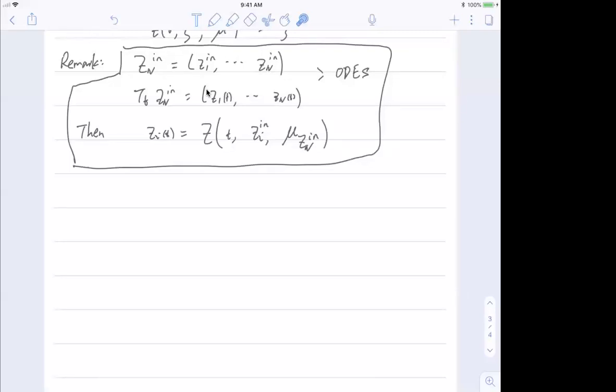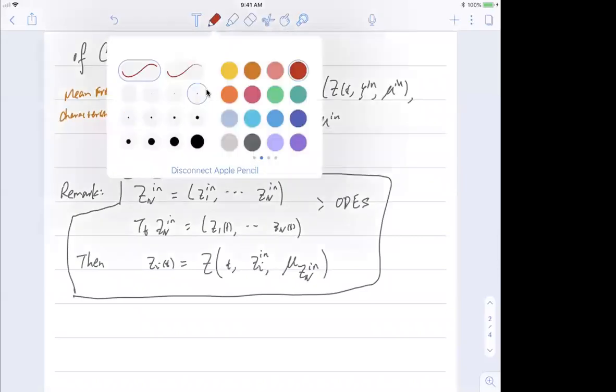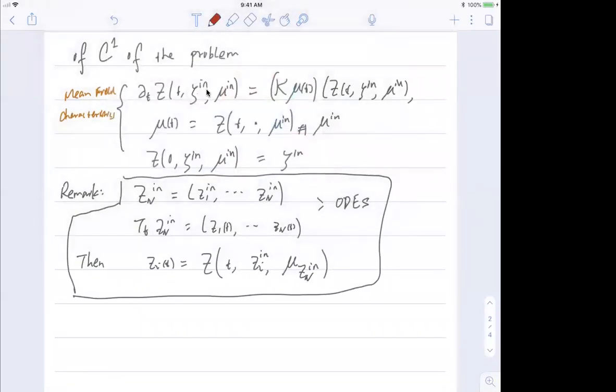So I will skip the proof. You can find the proof in the notes. But I want to emphasize the following. This mean field dynamics can be rewritten in a nice way, by rewriting the integral operator.